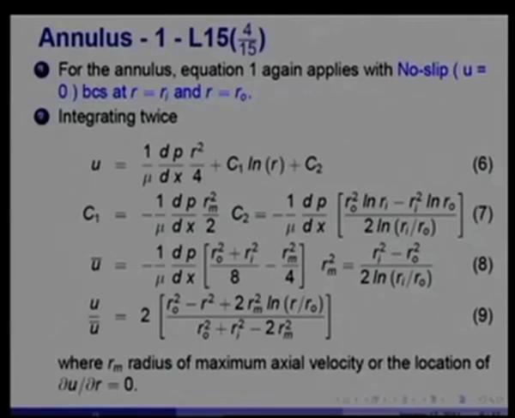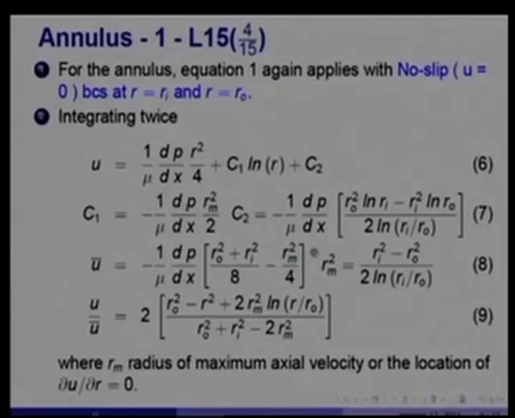If I integrate equation 1 twice, I would get 2 constants of integration, C1 and C2, and applying these boundary conditions would give me C1 equal to that, C2 equal to that. Integrating this equation to evaluate u bar, the average velocity, gives me that expression.